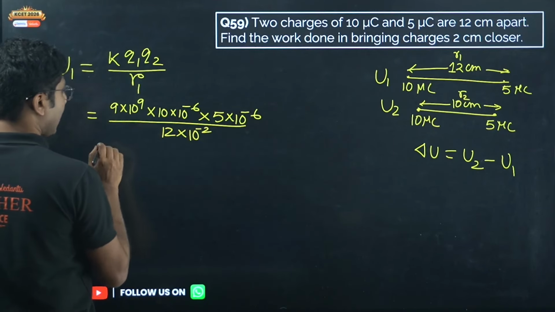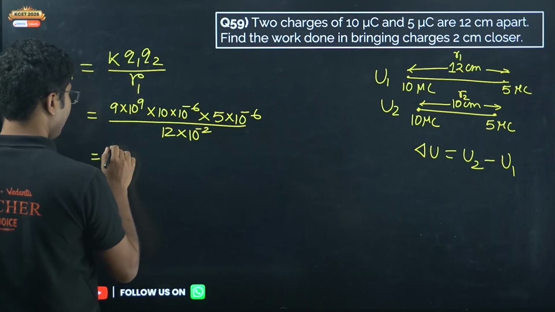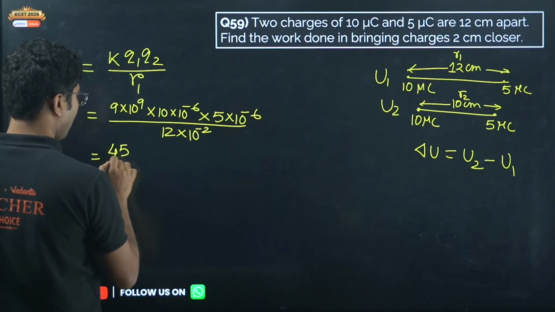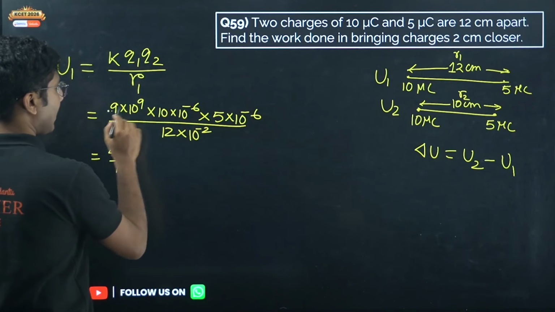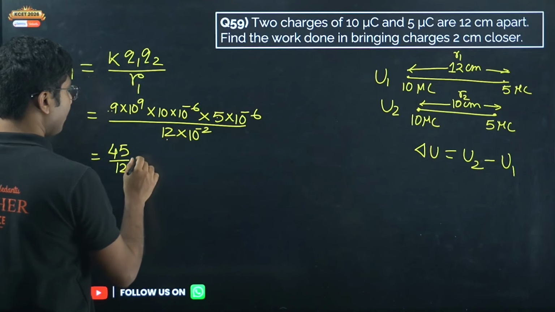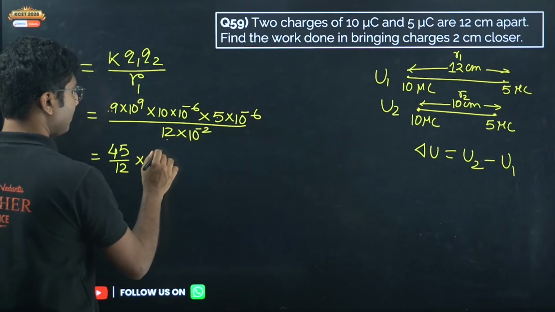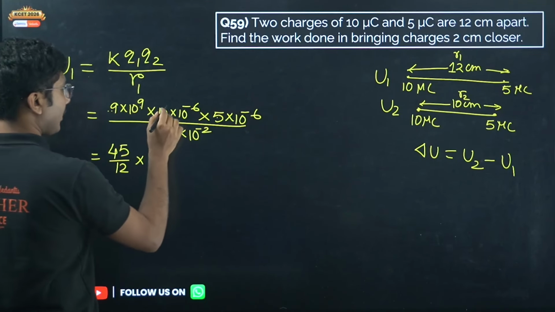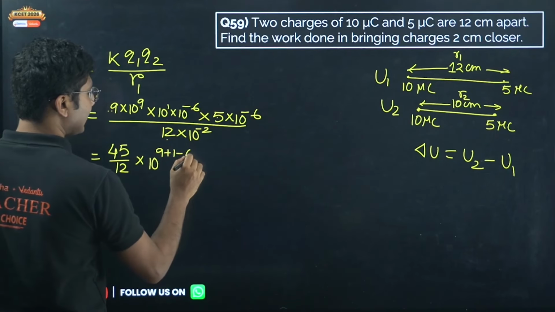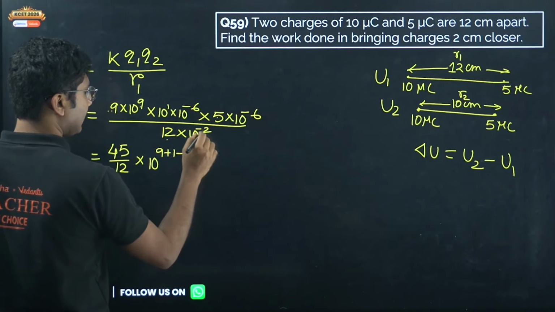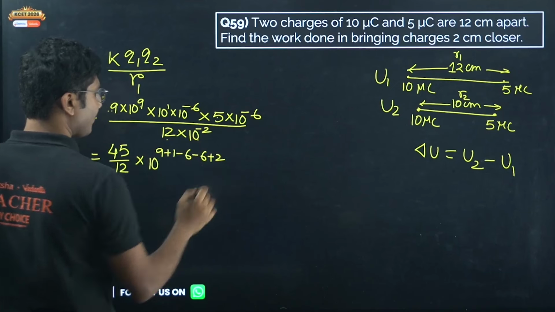So you can simplify 45 by 12. Okay, 5 9s are 45 divided by 12, the rest will be balanced in the 10 to the power of values. 10 to the power of 9, here we have 10 to the power of 1, minus 6, and this will go up and it will become plus 2.